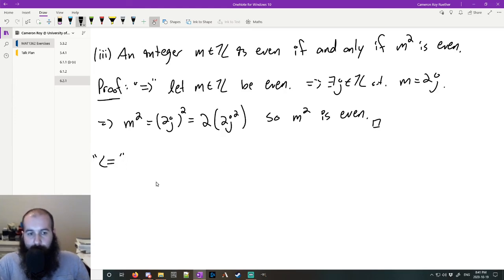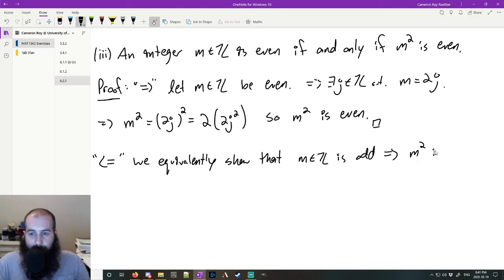To prove the reverse direction, we instead prove the contrapositive of the reverse. We equivalently show that if m is odd, this implies that m squared is odd.